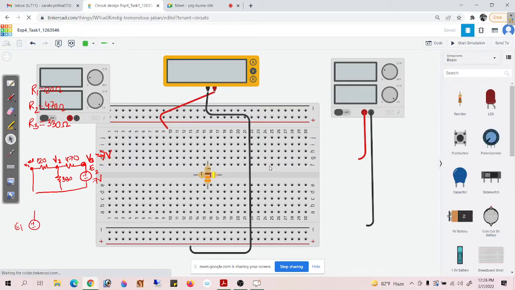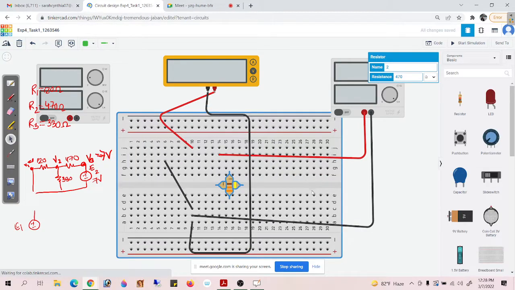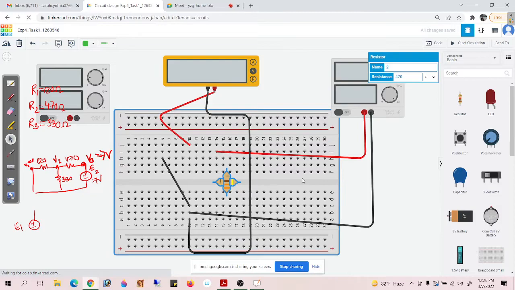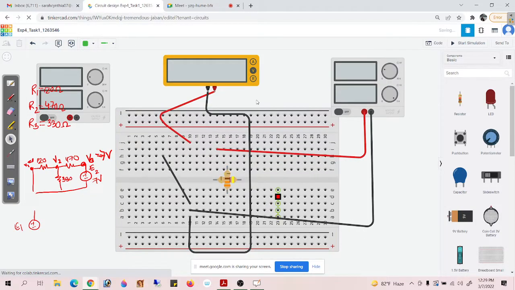Why is it all messed up? I guess there is something that I should be doing about the circuit. I think there was some issue regarding the circuit. I don't know what happened, but somehow my circuit got messed up.